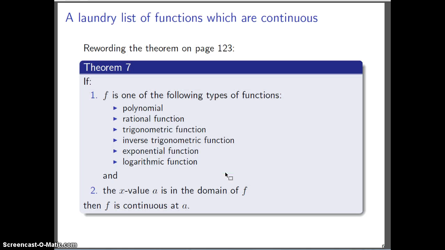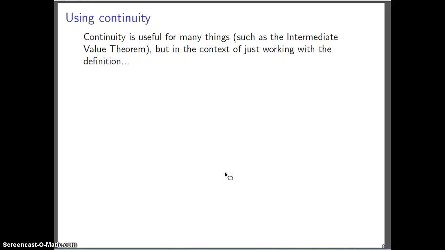So if I go back a slide, this is somebody establishing continuity for all these different types of functions. And now, if you know that a bunch of different functions are continuous, you can actually use this fact.